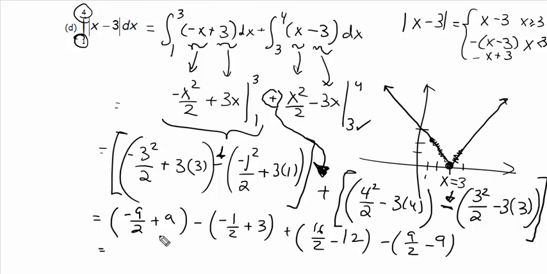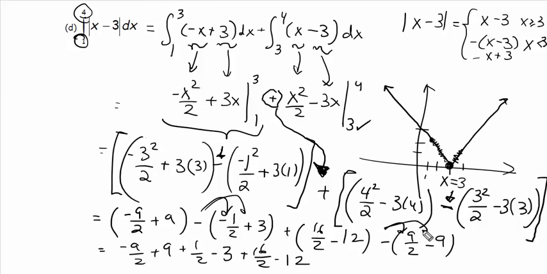So if I add all of this together, I have negative 9 over 2 plus 9, distribute here, so plus a half minus 3, plus 16 over 2 minus 12, distribute here, minus 9 over 2 minus 9.